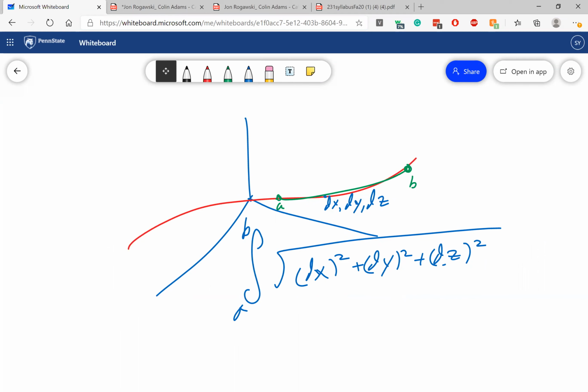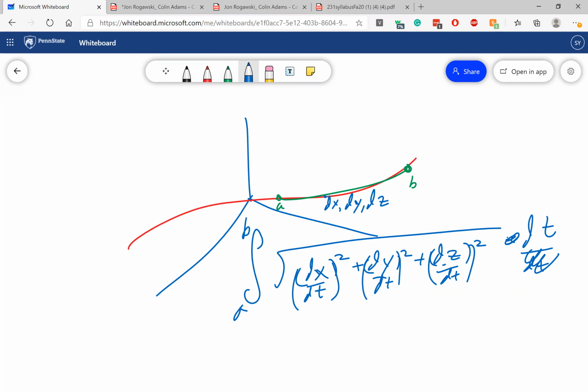The problem is, what's the integral in terms of? We would like it to be in terms of t. So let's multiply this in terms of dt, and put the dt inside. That would be this over dt squared, and this over dt squared, and this over dt squared.